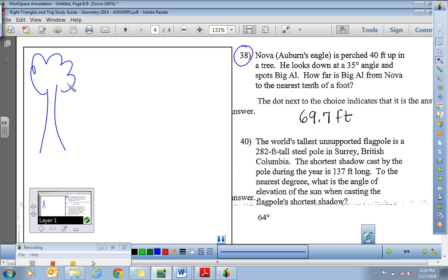Ignore my drawings. We have the eagle, here's the beak. If he looks straight across, and then he looks down, that's where he spots Big Owl.